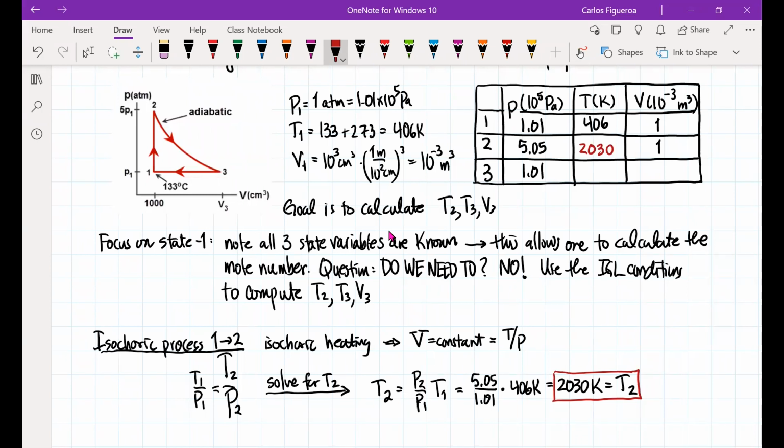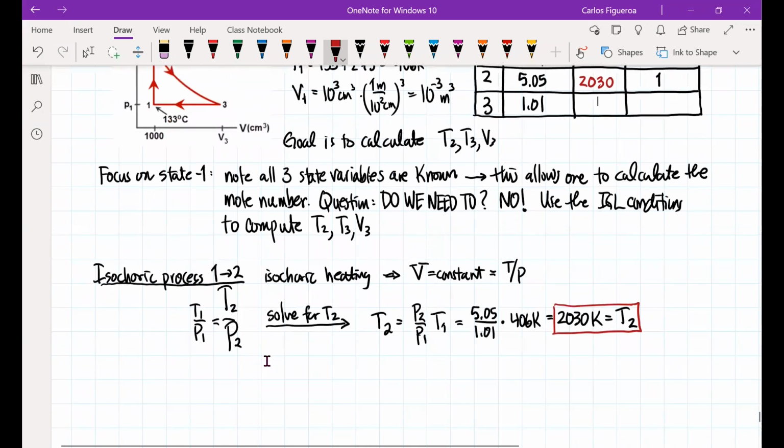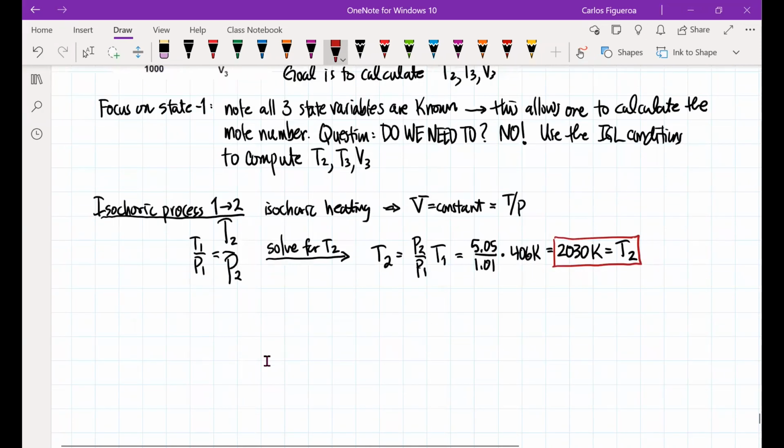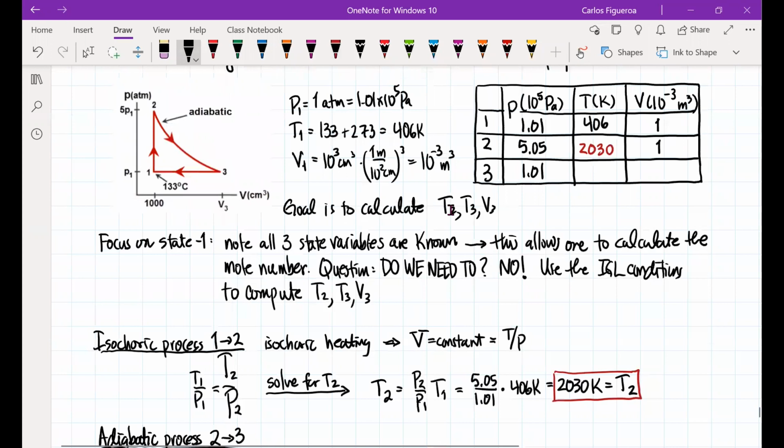Now let's look at the path between 2 and 3, which is an adiabatic expansion, a cooling expansion. So now I have an adiabatic process as I go from 2 to 3. Remember, we wanted to calculate temperature 2, temperature 3, and volume 3.